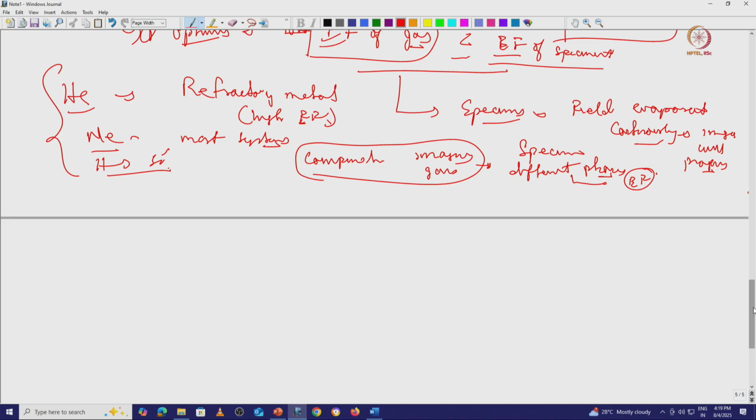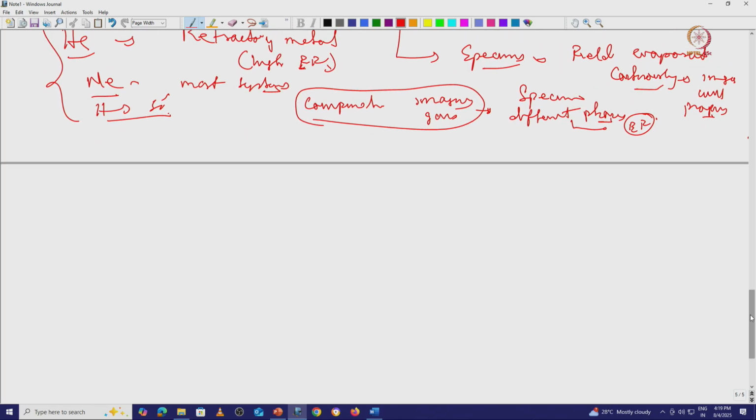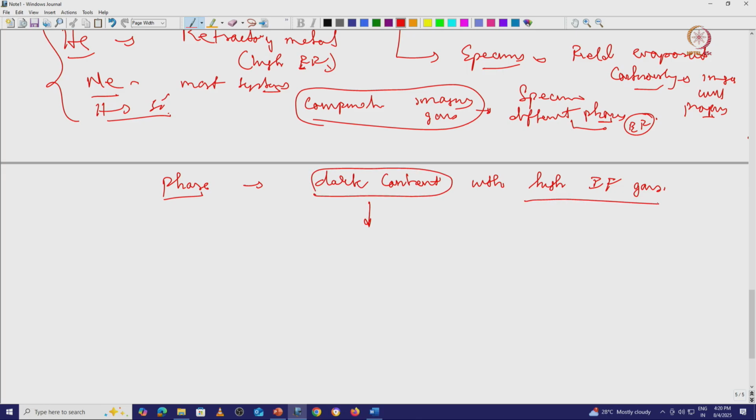For example, if your phase exhibits a dark contrast with a high ionization field gas, then it can be imaged as a bright contrast phase by using a lower IF gas.